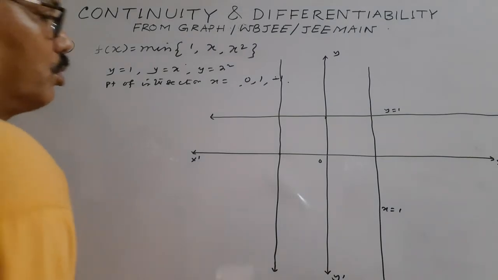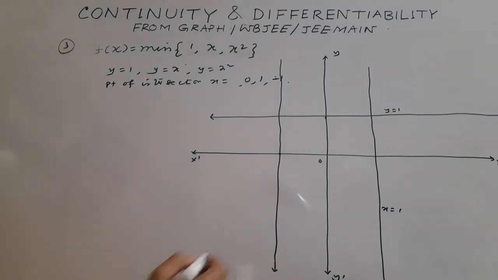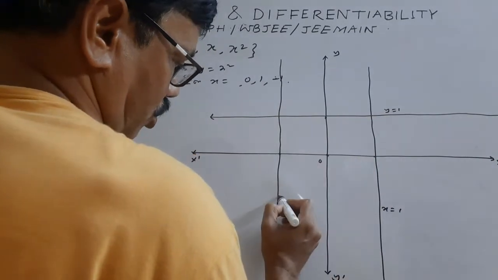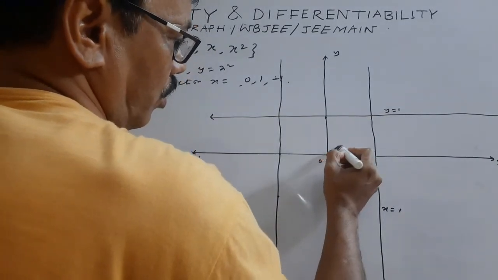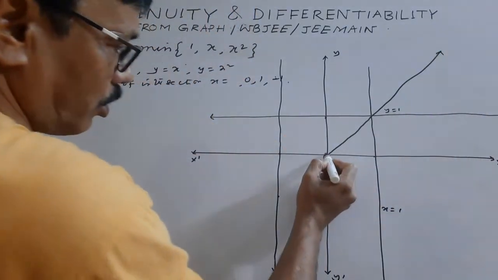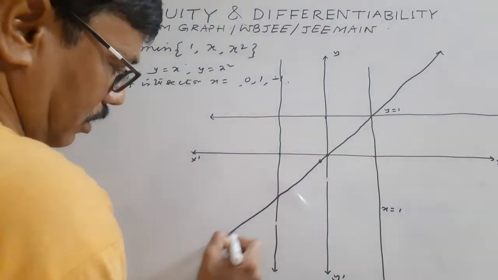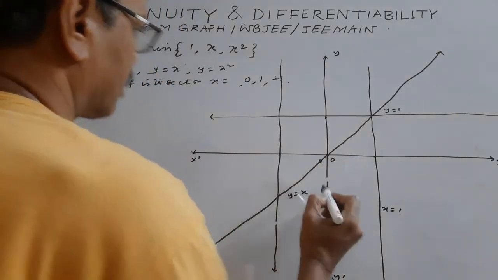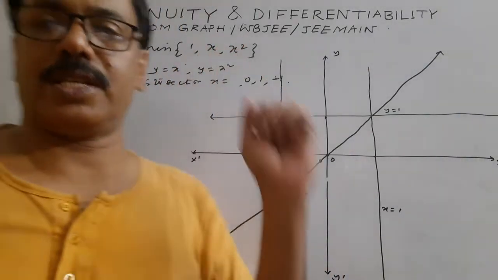Y equals x: at x equals 1, y equals 1. So we have already done it 2 times. This one is y equals x, and y equals x square.